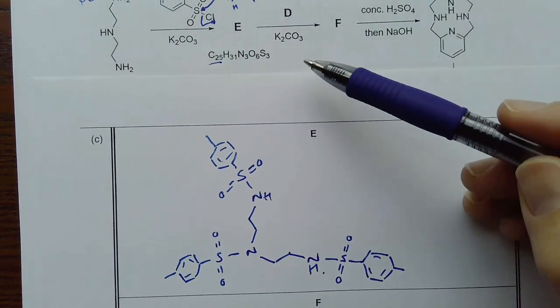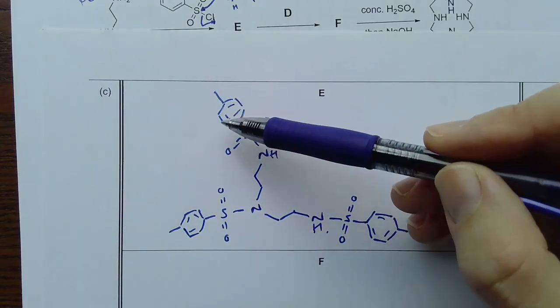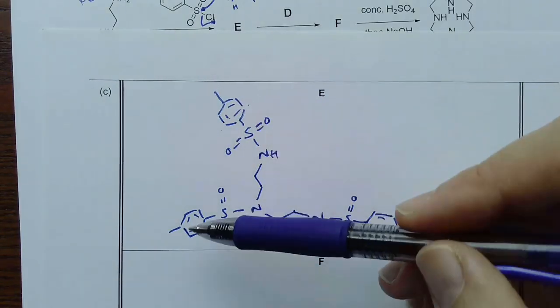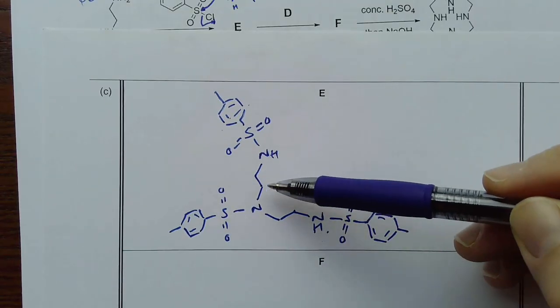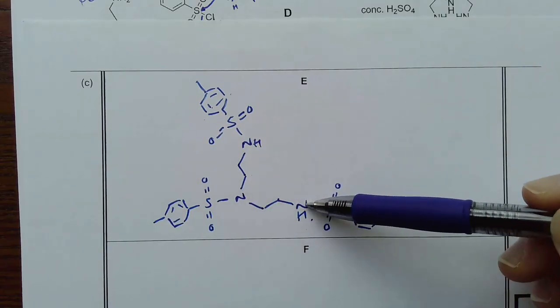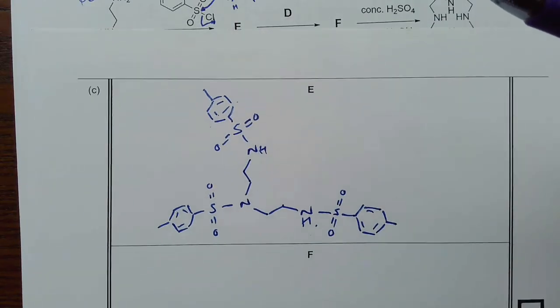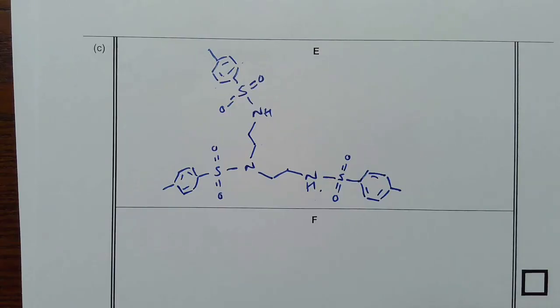Fine. What else do I got? 31 hydrogens. Okay, we'll be here all day counting these. So 3, 4, 5, 6, 7. All right, so 7, 7, 7, 21, 22, 23, 24, 25, 26, 27, 28, 29, 30, 31. 3 nitrogens, 1, 2, 3. 6 oxygens, 2, 4, 6. And my 3 sulfurs. Yeah, okay, so we're good to go.